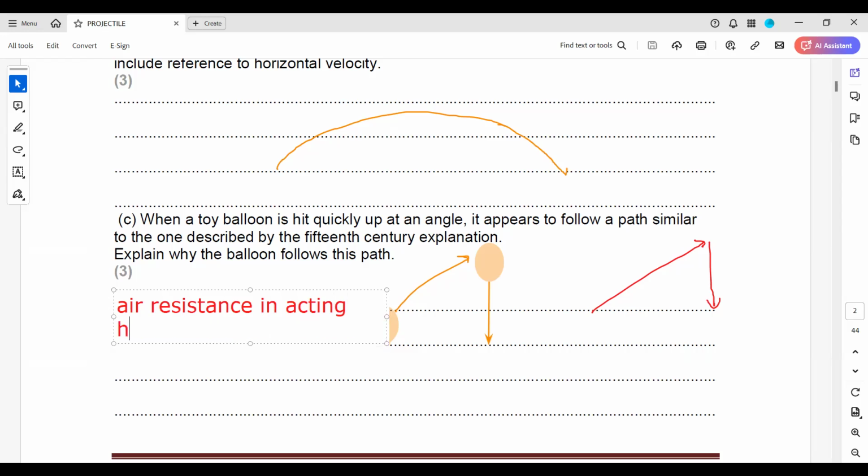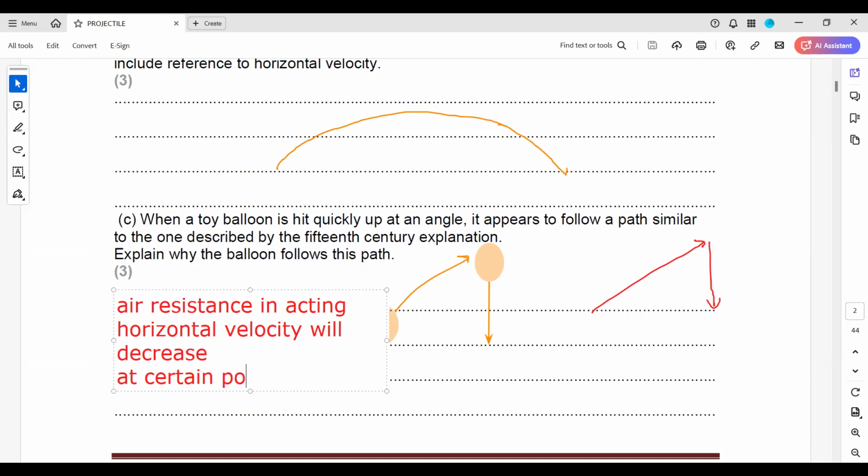As a result, the horizontal velocity will decrease. When the horizontal velocity decreases, what will happen? At a certain point, the horizontal velocity will be zero.